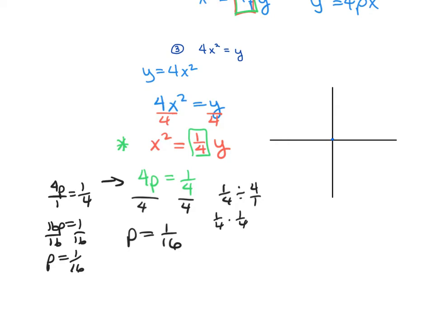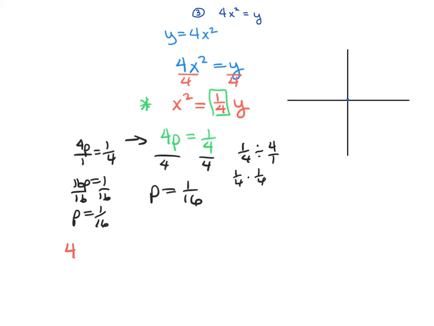Another way that you could solve this is just multiply by the reciprocal. So again, just showing you multiple ways of doing this. To solve for p, multiply both sides by the reciprocal. This cancels, and again, I'm left with 1/16. However you want to isolate p. For me, it might be easier to do the proportion, but that's up to you.